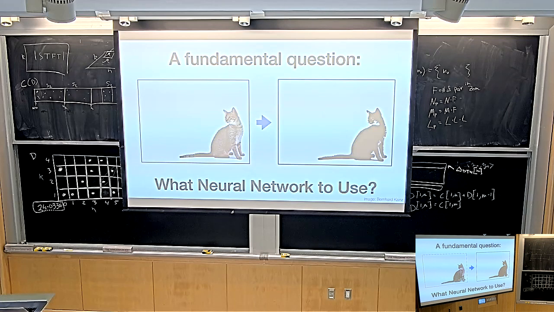So it takes an image of a cat, and you want it to predict the segmentation mask on the right. What neural network would you use if I asked you to do that? Like classic image processing tasks. Okay, so your choices are recurrent neural networks, fully connected neural networks, convolutional neural networks. What do you use? Good.